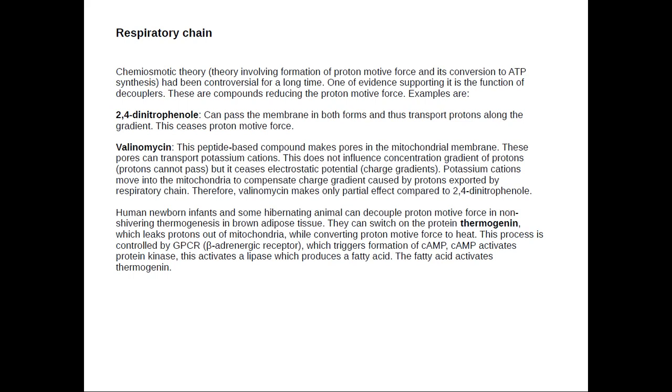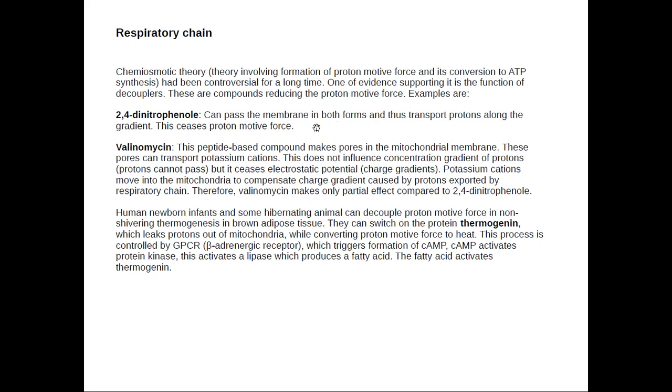And what happens if you add valinomycin to some mitochondria which are actively metabolizing? So this valinomycin forms pores in a membrane, and only potassium cations can pass. And if there is a high concentration of protons on one side of the membrane and low concentration of protons at another side of the membrane, but these protons on one side would have some counter anions, then nothing would happen.